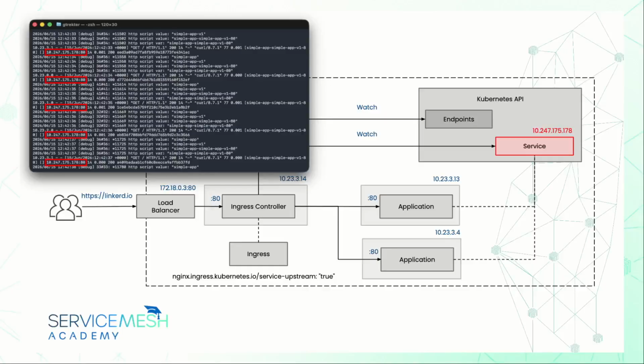So if you look at the logs, we can see now that the server targeted by the Ingress controller is not the pod IP anymore, but is the service IP.